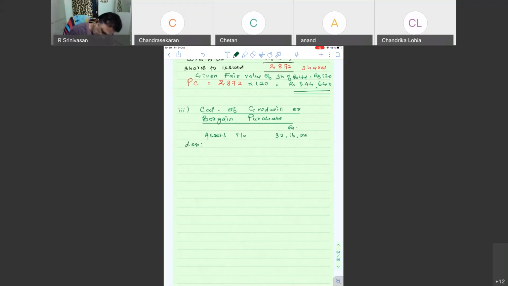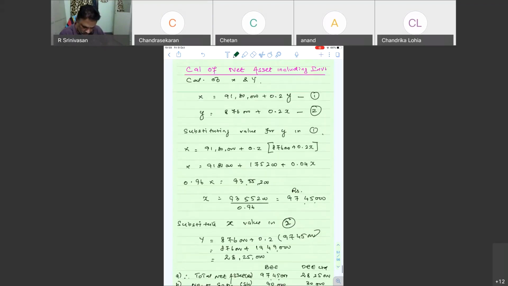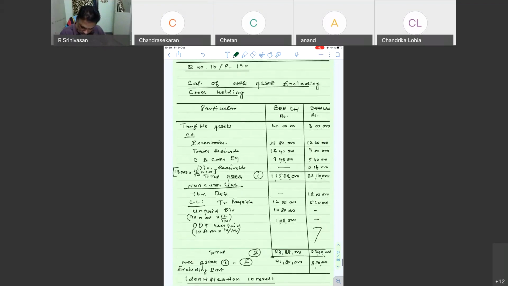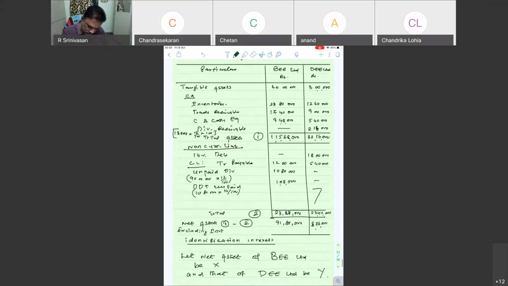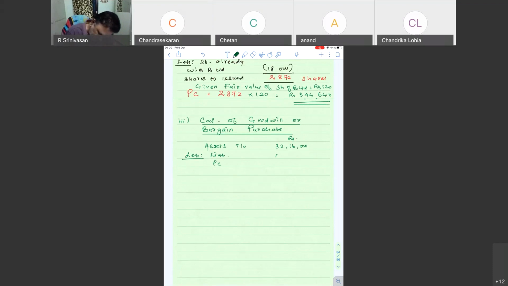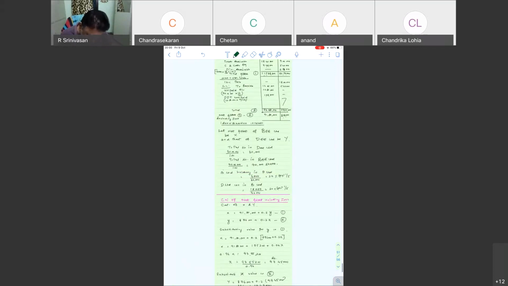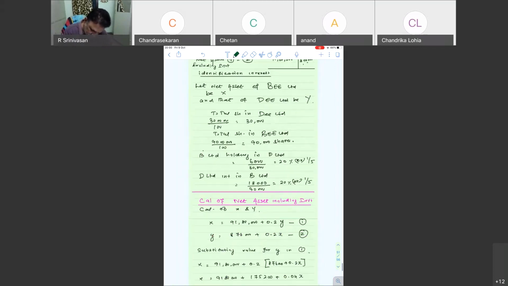Plus liabilities taken over and purchase consideration. So liabilities, how much are we taking over? Liability taken over is 23 lakh 40,000.